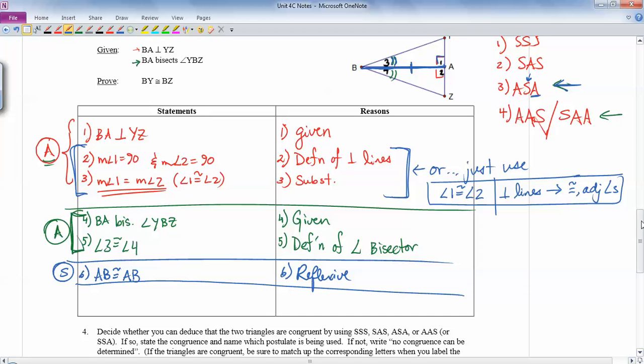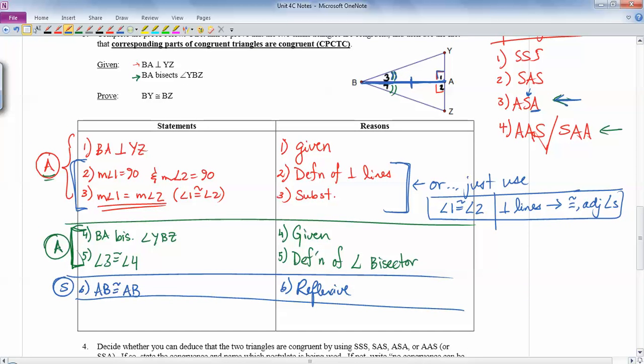Now, if you look at the proof, it looks kind of like I have AAS, but I don't really. These are 3 chunks of the proof that can be rearranged however I want to arrange them. So what I really have, you've got to look at the diagram, is an angle, a side, and another angle, and the side is touching both angles. So I actually have angle, side, angle here, right?